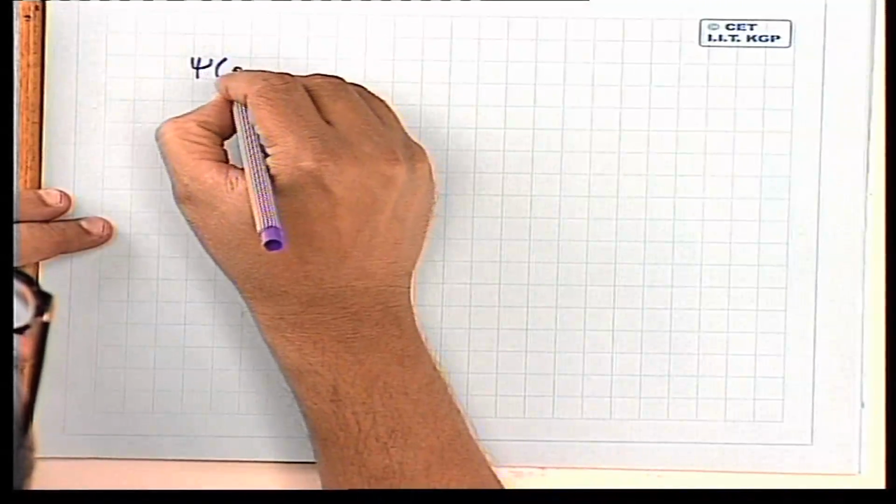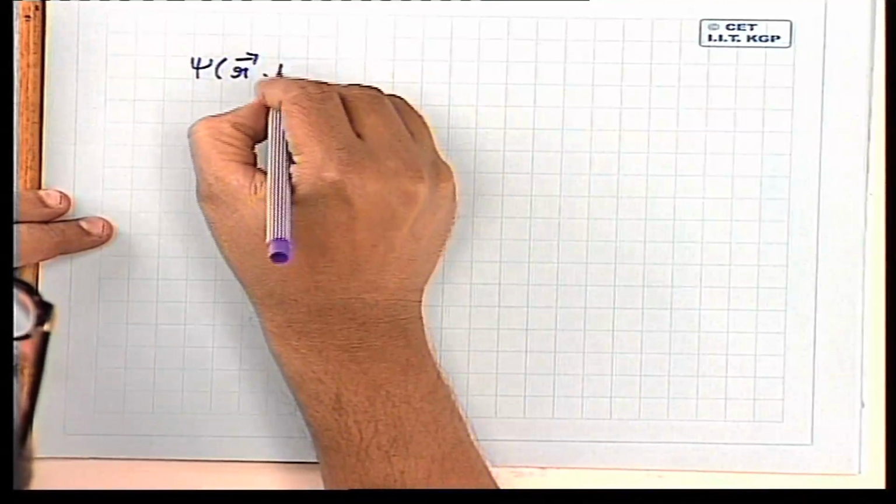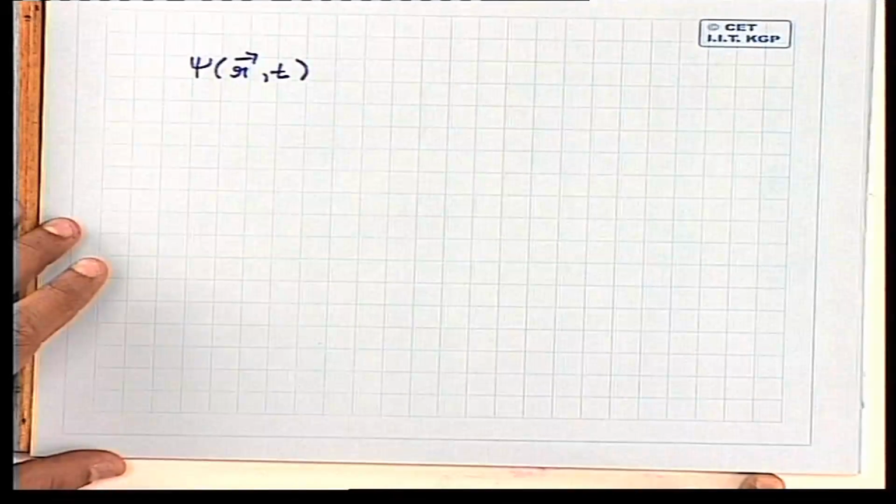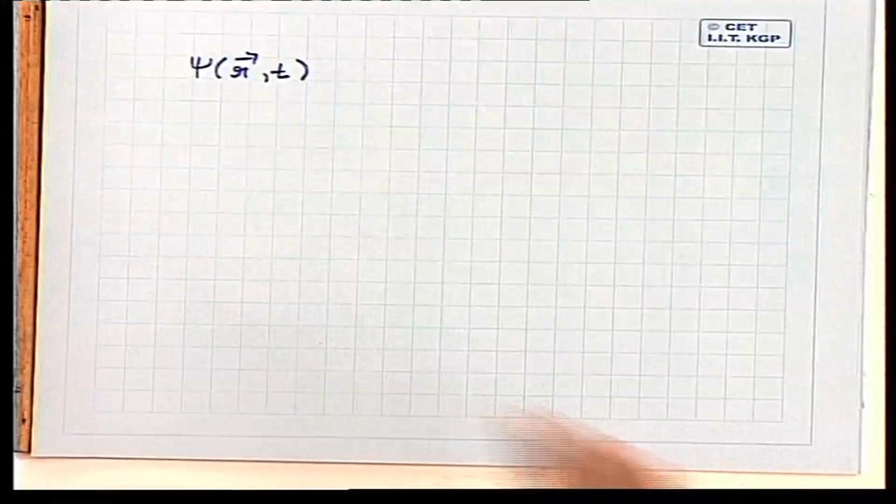So, the interpretation of the wave is something quite subtle. The wave has to be interpreted as giving the probability of finding the electron at some position. So, we have a wave psi which is defined over an extended region of space, and it could be a function of time, and this represents the electron.